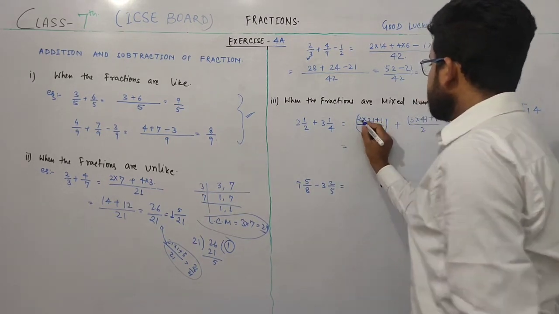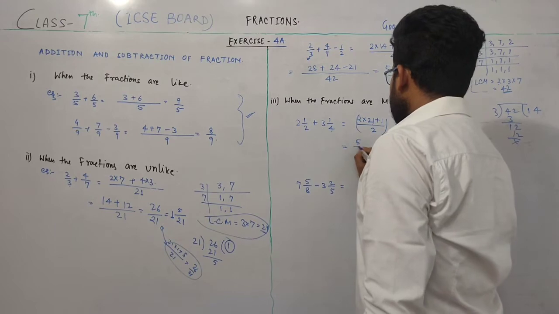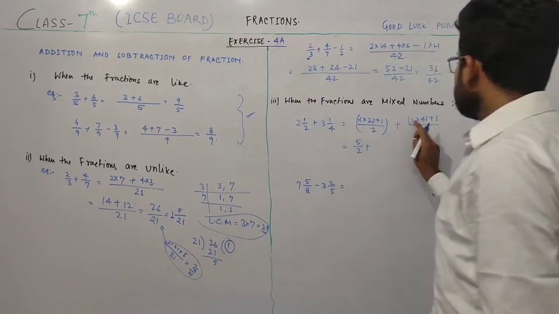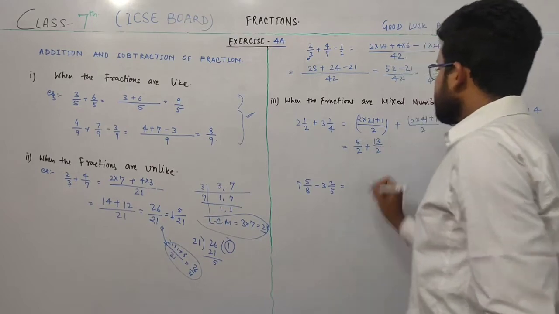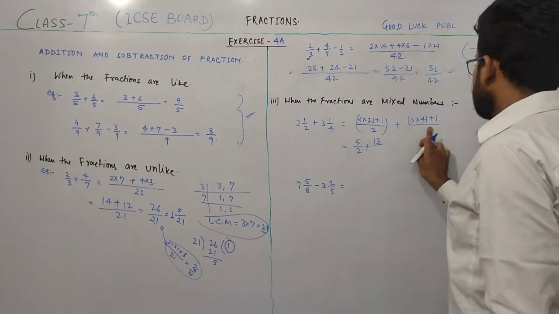So this is 2 into 2, 4, plus 1, 5 by 2, plus 4 into 3, 12, plus 1, 13 by 4.